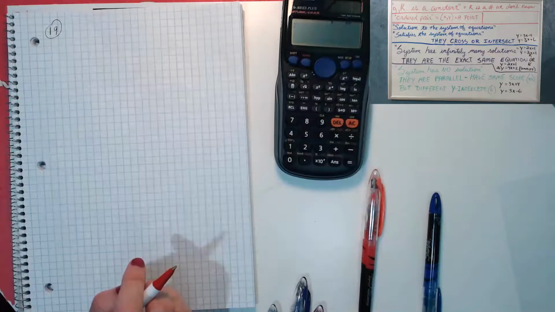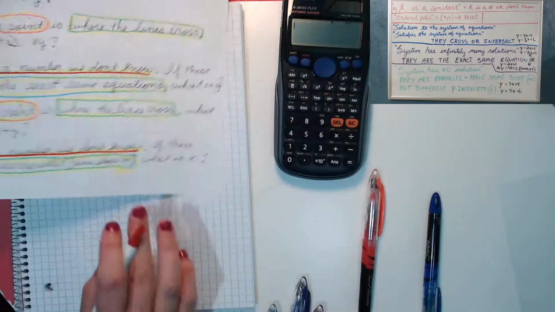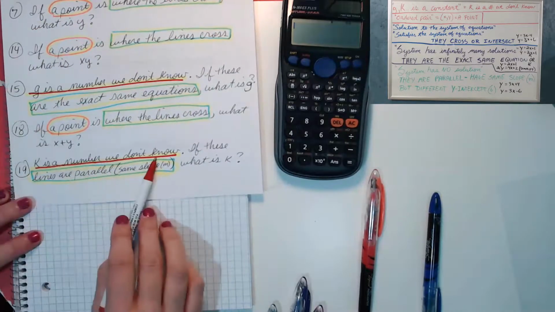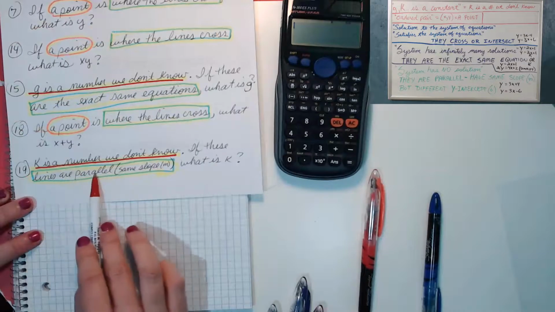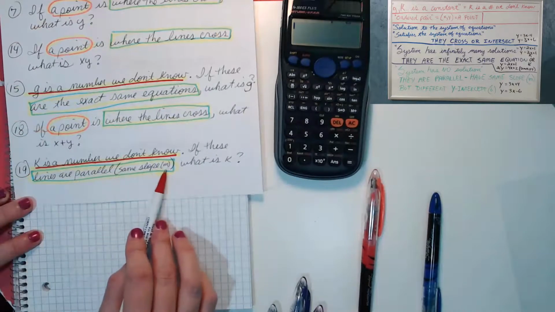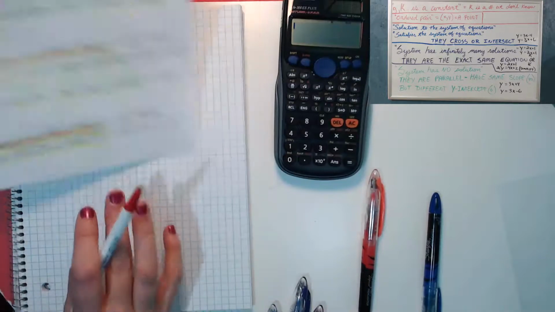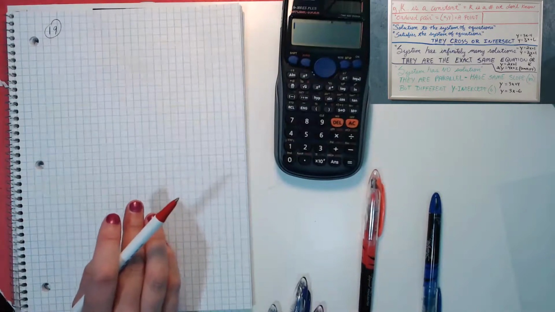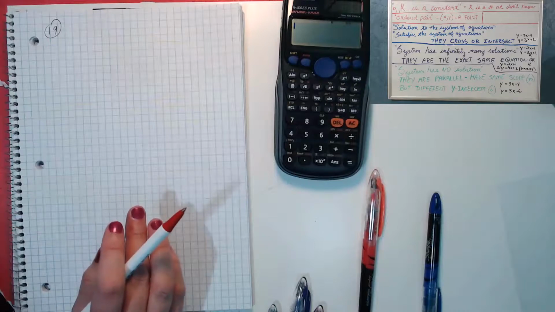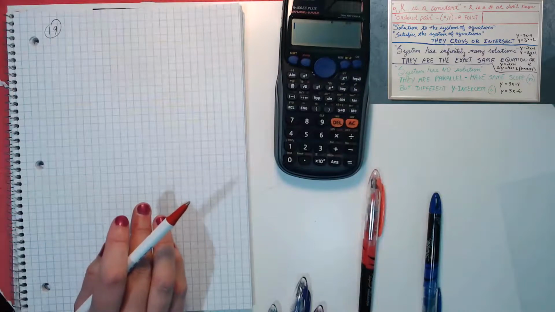In the system of equations above, k is a constant. If the system has no solution, what is the value of k? 19, we rewrote. K is a number we don't know. If these lines are parallel, have the same slope m, what is k? So I want to give you the way to solve 19.